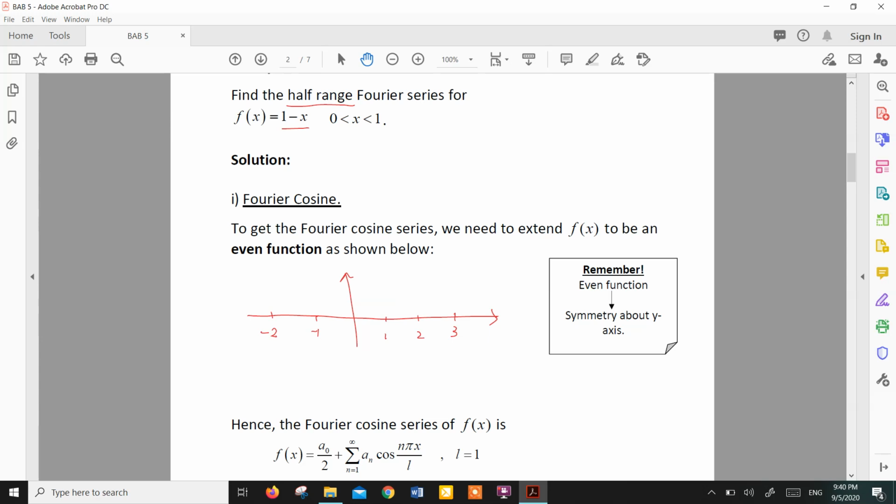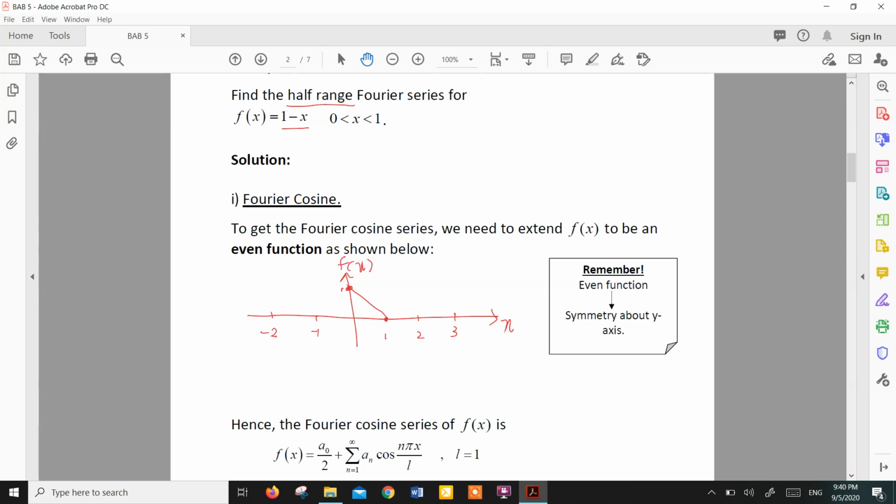When x is equal to 0, f(x) is equal to 1, so you have a point here. When x is equal to 1, f(x) is equal to 0, so you will have another point here. So this is the graph for f(x) equals 1 minus x, where the range is from 0 to 1. This is x, this is f(x).